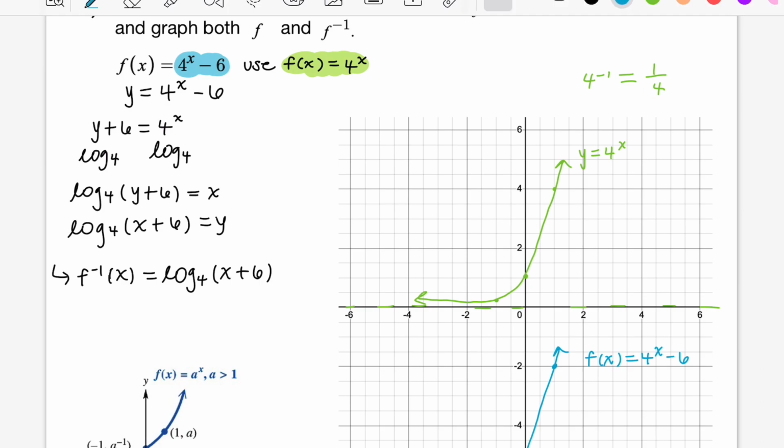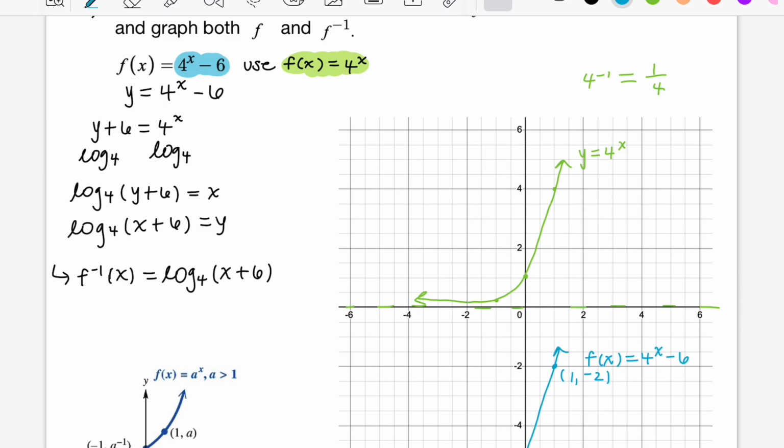So, for example, this point here is 1, comma, -2. This point here is 0, comma, -5. And this point here is -1, comma, -5.75, because we're at 0.25 and we move 6 units downward.